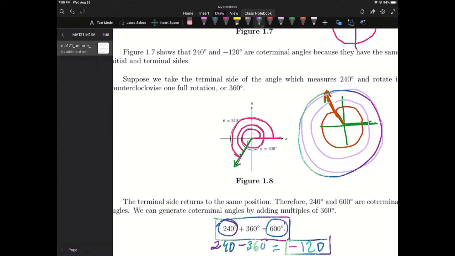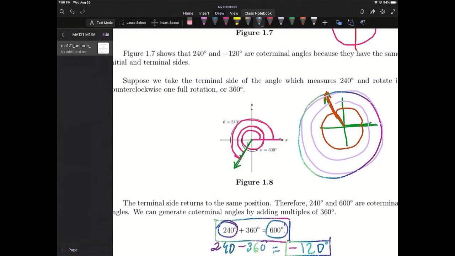So negative 120 degrees is also coterminal with 240, which is also coterminal with 600, because they have the same position for the terminal side. And if you keep subtracting more and more 360, you just get more and more negative angles that are coterminal with 240 degrees. It really depends what the initial angle is. I started with 240 and subtracted 360. I got negative 120. But let's say I have 500, and I'm going to draw here.